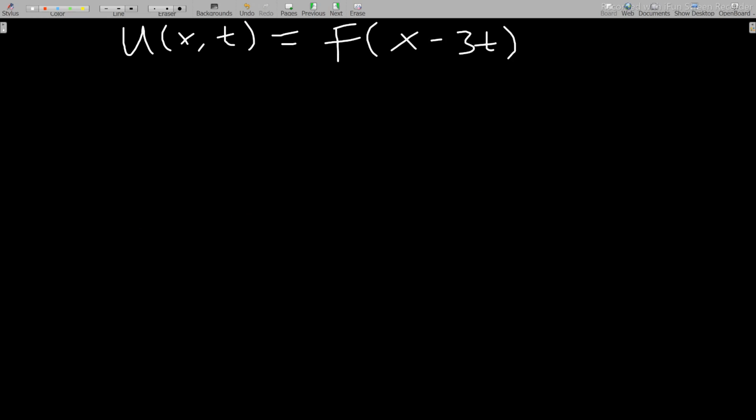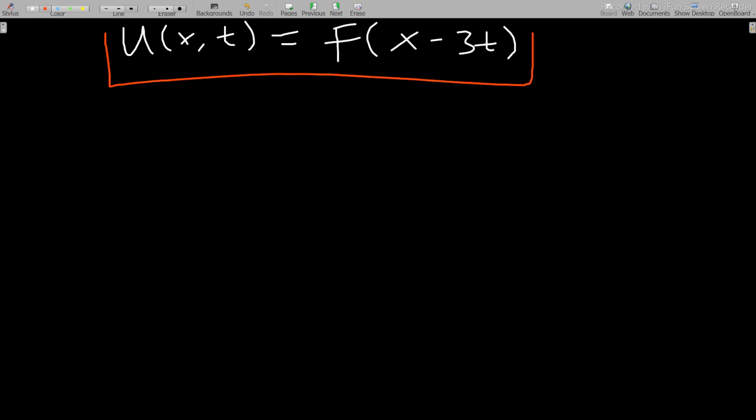So this is basically how the transport equation is being solved. You don't have to chew any formula. We've gotten our u of x, t equal to capital F of x minus 3t. Okay, this is our solution.